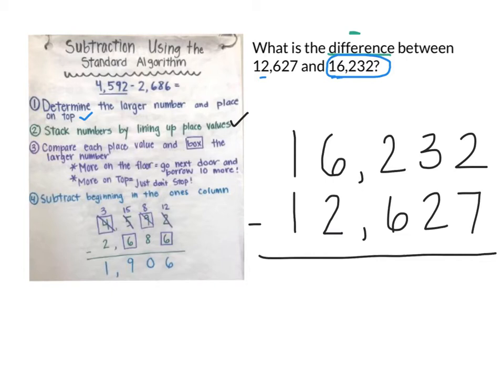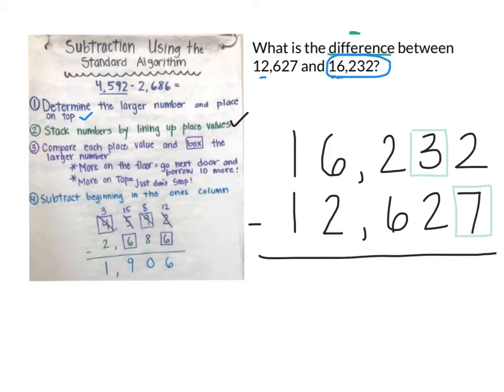Step 3 says compare each place value and box the larger number. So we are going to look at each place value and decide which digit is greater. So first, looking in the ones place, 2 and 7. I know that 7 is greater than 2, so we box it. Moving to the tens place, 3 and 2. I know that 3 is greater than 2, so I box it. Now the hundreds place.